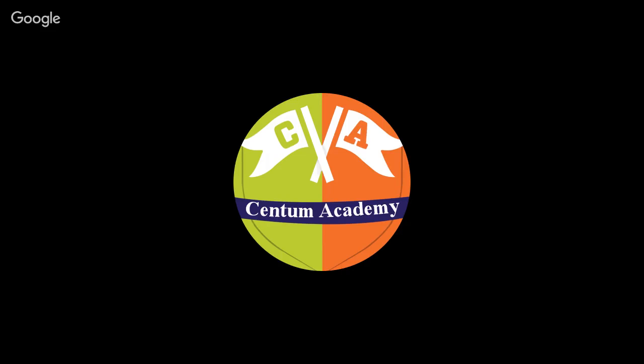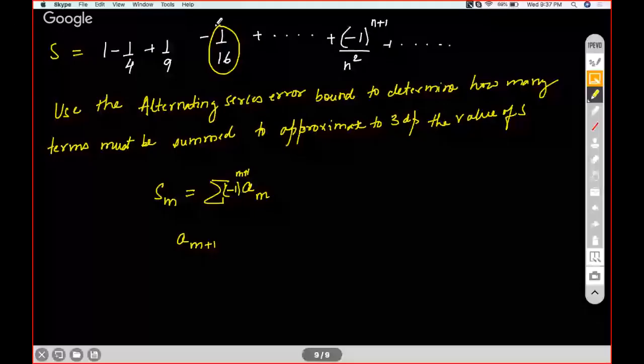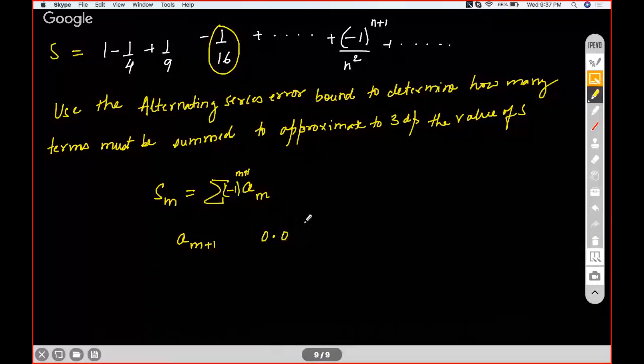So if SM itself has a value where the first 3 decimal places, they're asking you to approximate to 3 decimal places, right? That means the first 3 decimal places don't change. It should have a 0, 0, 0 appearing over here.